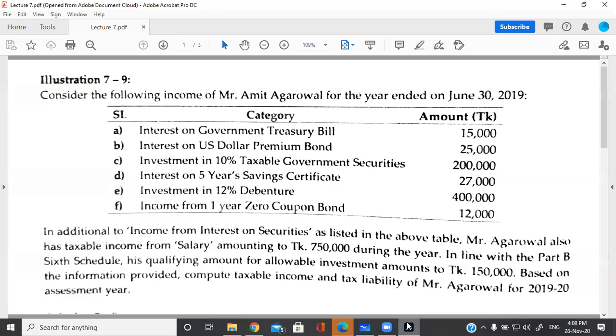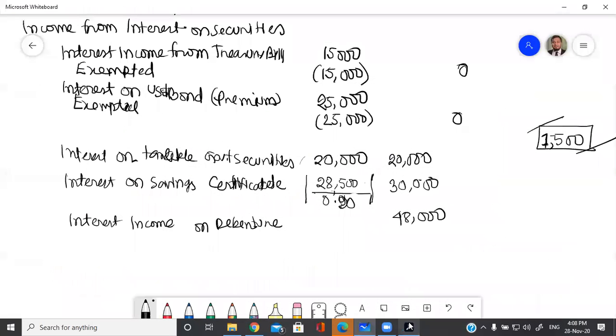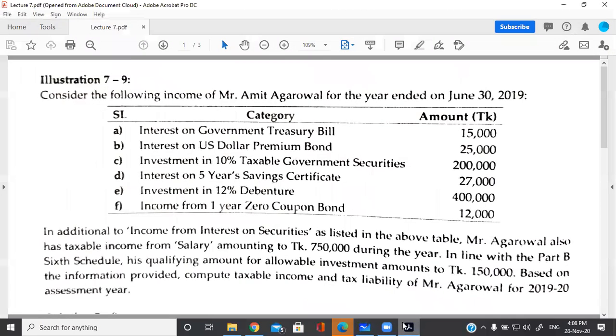Then income from 1 year zero coupon bond. Can you recall what I have mentioned? Is there any coupon from zero coupon bond? Any interest payment? No, sir. There is no interest payment.